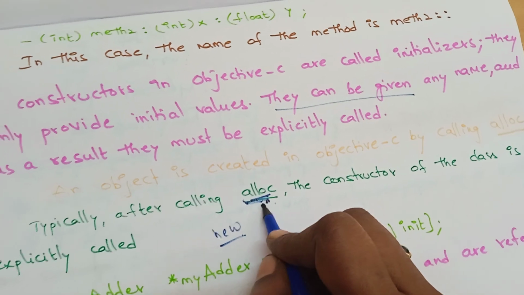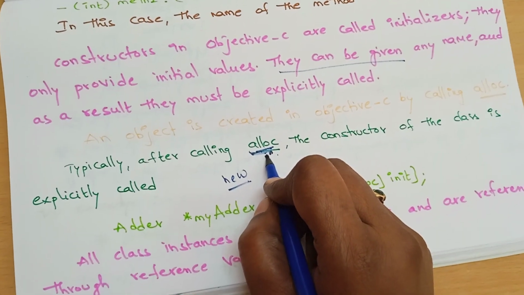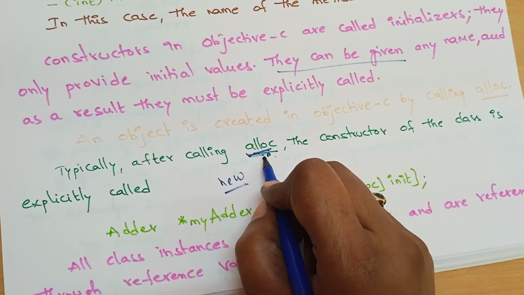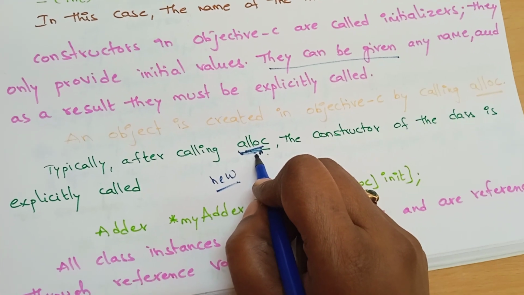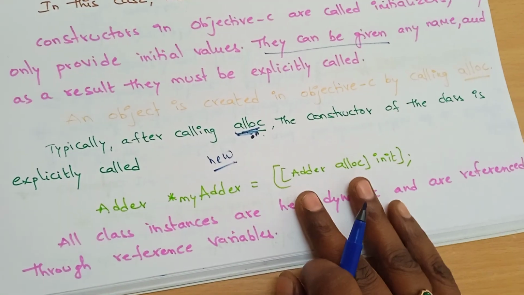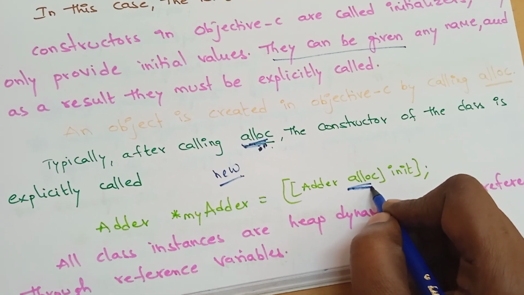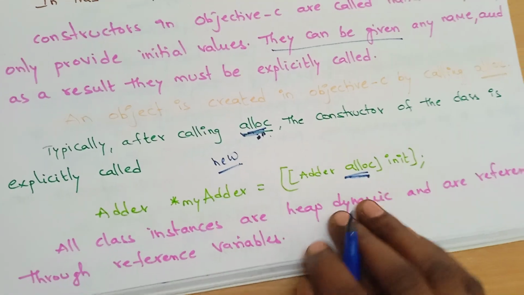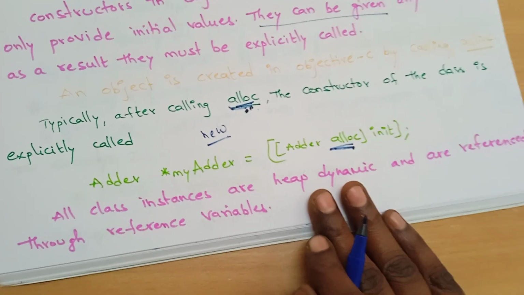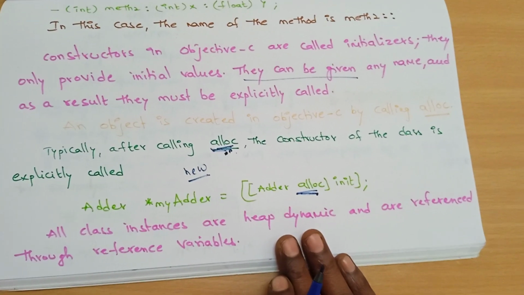Typically, after calling alloc, the constructor of the class is explicitly called. These two calls can be, and usually are, cascaded, as in the following statement, where I am using alloc. All class instances are heap dynamic and are referenced through reference variables.